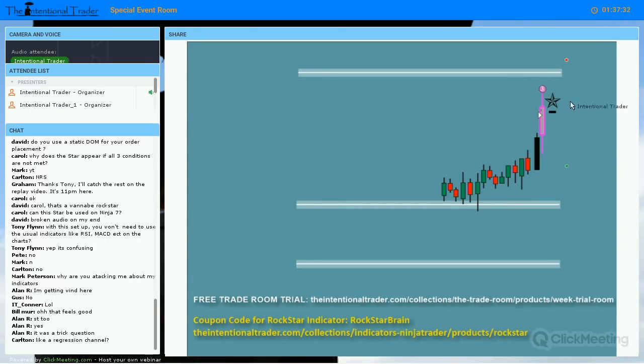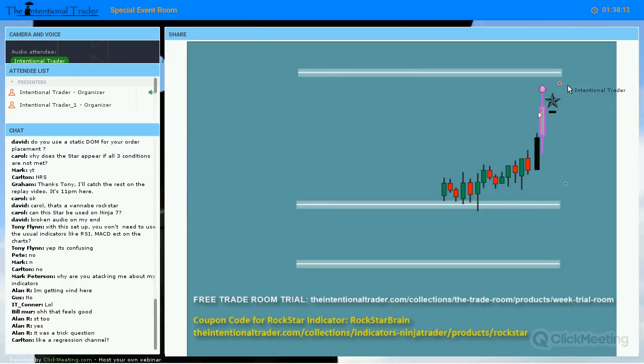So think of these dots as a channel. In fact, as we go throughout the day, sometimes they'll be far apart. Sometimes they'll be close together, like this. So they move throughout the session. If this trade setup takes place inside the channel, or we'll call this a zone, so inside this zone, between these dots, there's no setup for me.